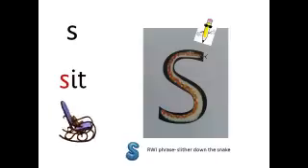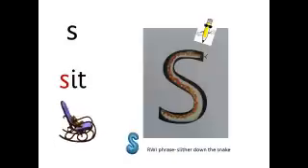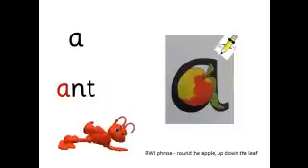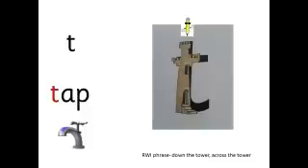It, sit. Can you draw the letter? Slither down the snake. Ant. Draw the letter. Round the apple, up and down the leaf. Ap, tap. Down the tower, across the tower.